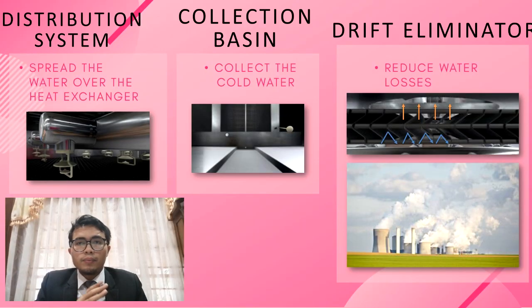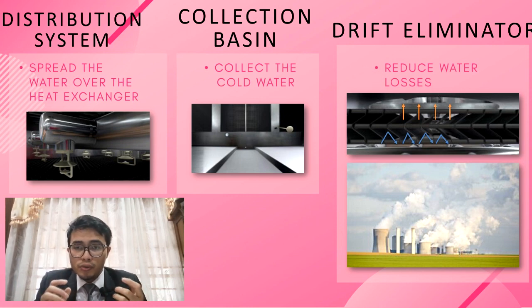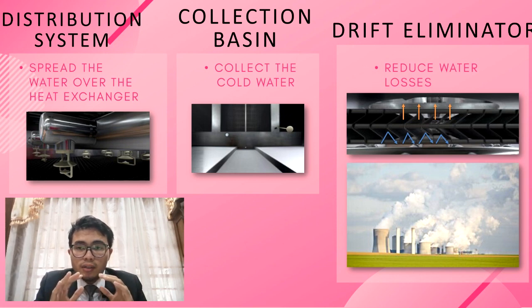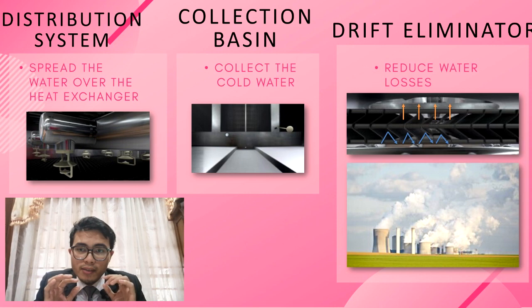So first of all, we have the distribution system. The distribution system is the part of the cooling tower that is used to spread the water onto the heat exchanger. The heat exchanger is what we call the fill. In this distribution system, they use a mechanical device that we call a nozzle.